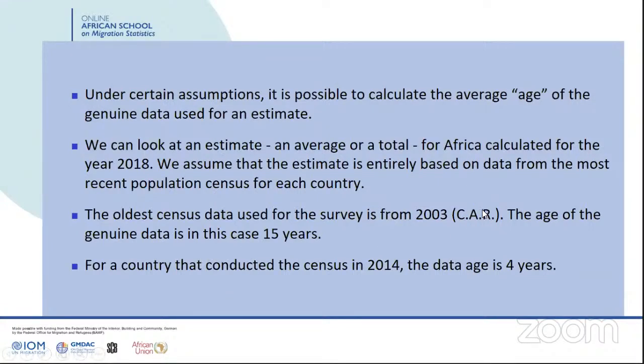If we take the Central African Republic, the oldest census data is from 2003. So the age of this genuine empirical data is 15 years in this case, when we want to estimate something for 2018. If a country has conducted a census 2014, the data age is 4 years.